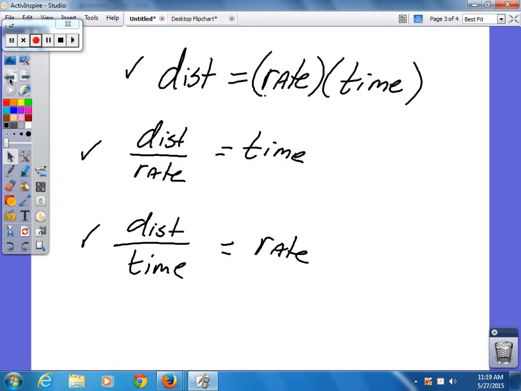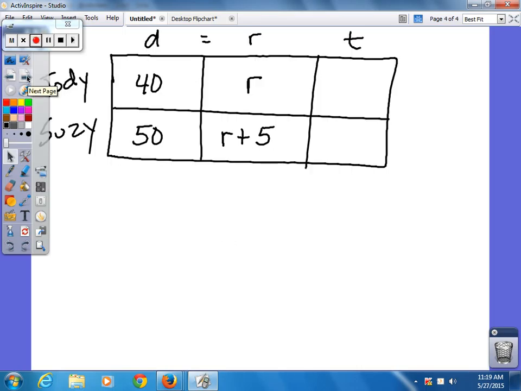All right, so let's take it back right here. So time is equal to distance over what? Over rate. So 40 over R and 50 over R plus 5.